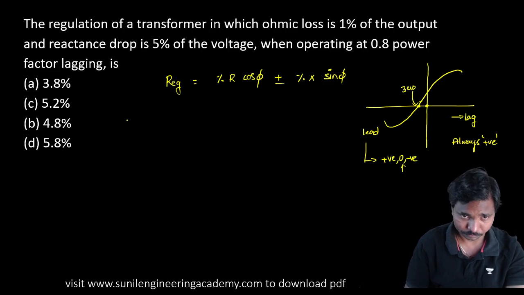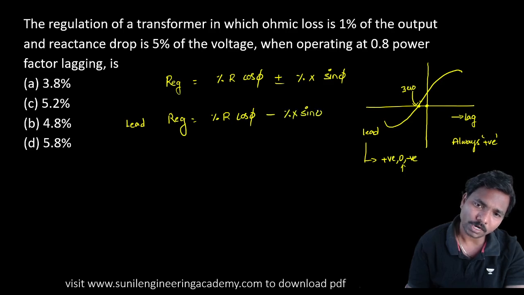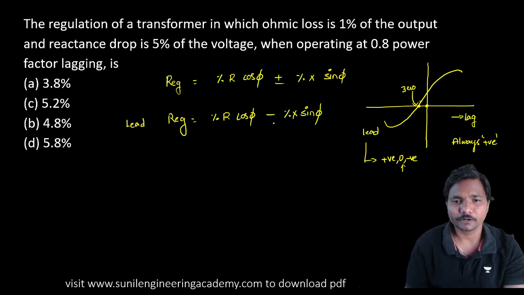So that's why for leading, the regulation is percentage R cos phi minus percentage X sin phi. All of you got the idea? Whenever you put minus, for example 4 minus 4, you get 0. 0 is possible in case of leading, that means for leading we have to take minus.